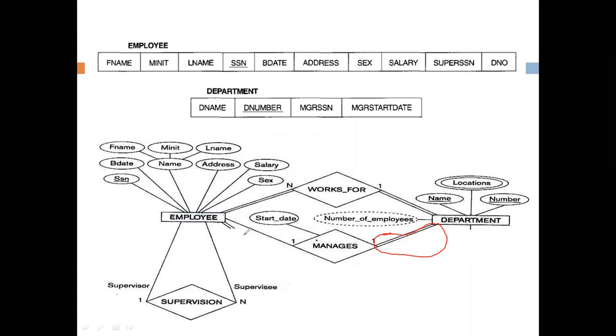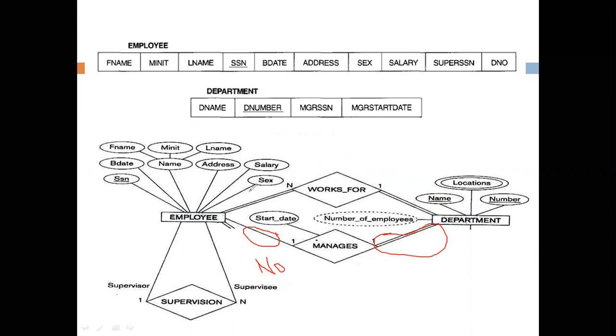On the other side, do all the employees act as managers? The answer is no. All employees need not be present in this particular relationship because all the employees will not act as managers. That's why it is a single line, whereas this double line indicates total participation.